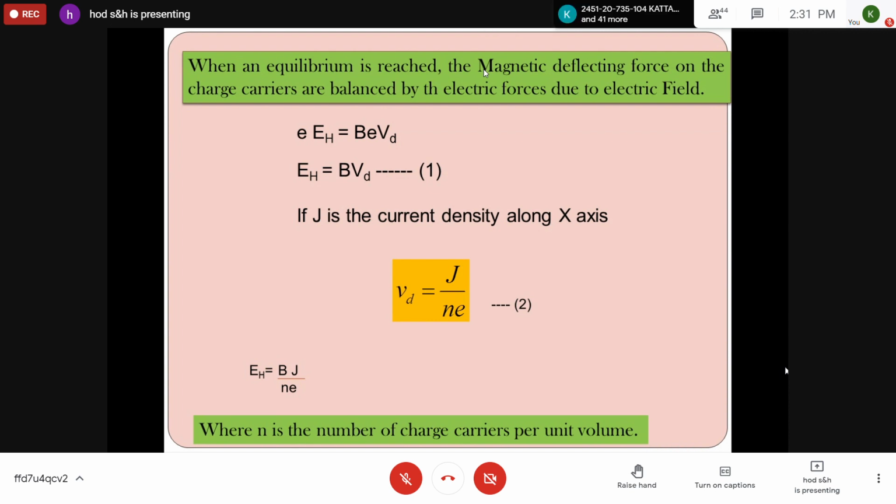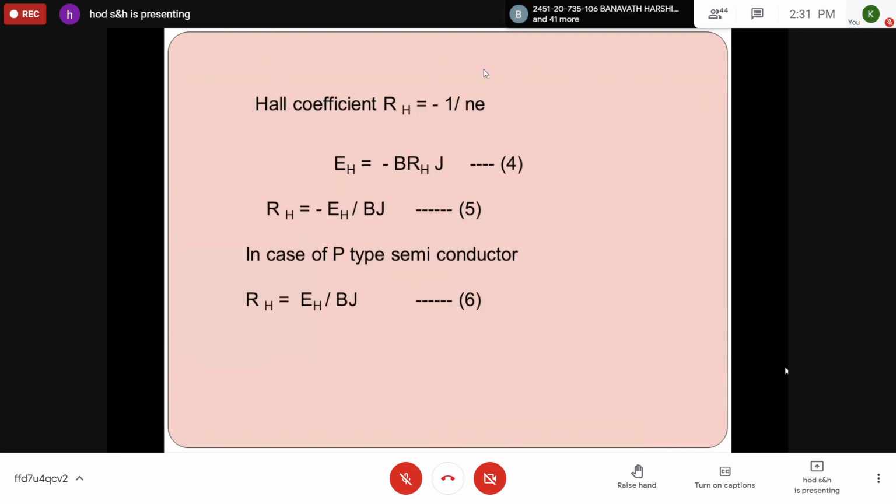This is the expression; please note it down. Then the Hall coefficient is defined as RH is equal to minus 1 by Ne, because the negative sign indicates that the electric field is along the negative z axis. So RH is equal to minus 1 by Ne.